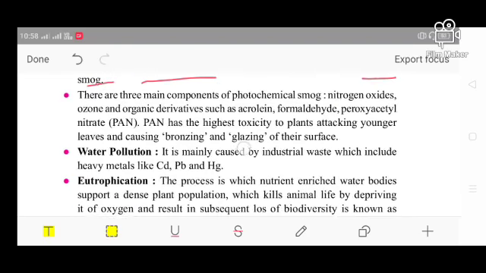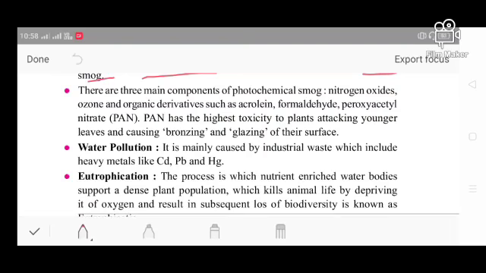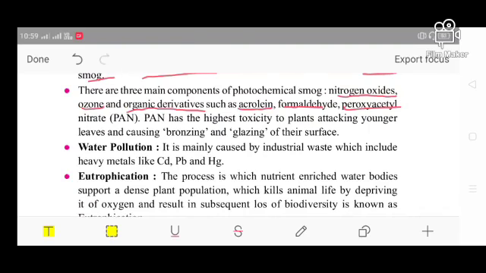Okay, so there are three main components of the photochemical smog. What are the different chemicals? What are the different components? One is nitrogen oxide, another is ozone, another is organic derivatives such as acrolein, formaldehyde, peroxyacetyl nitrate or PAN. Okay, so PAN has the highest toxicity. What is PAN? PAN is peroxyacyl nitrate.